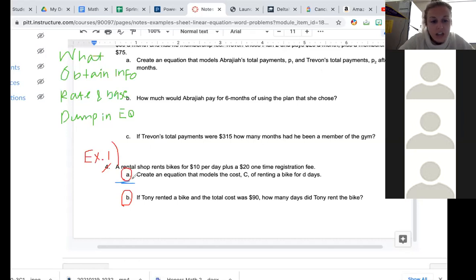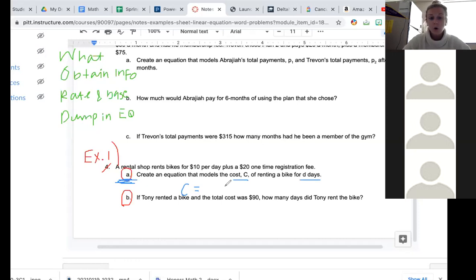So part A says create an equation for the cost C. So how do you guys think my equation is going to start? C equals. Good. Yes, y'all. So C is the dependent variable. C equals. Very good. Then it says, write an equation that models the cost C of renting a bike for D days.